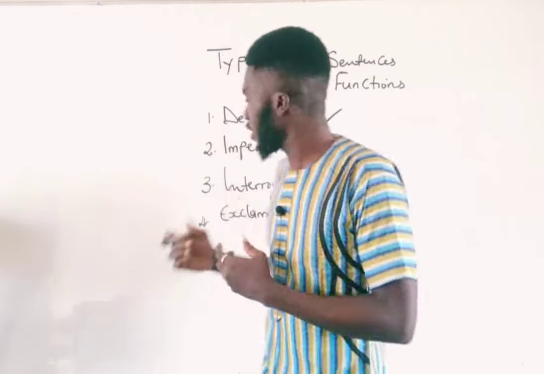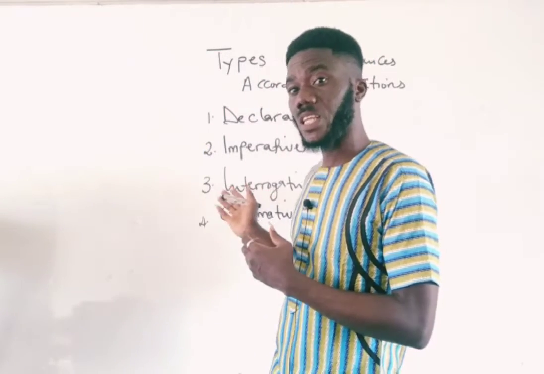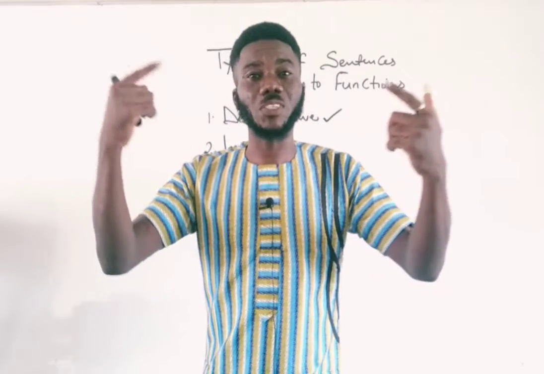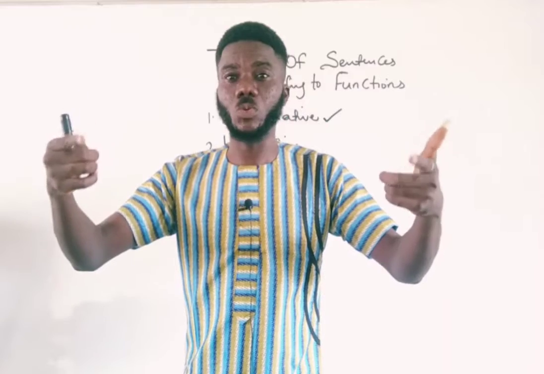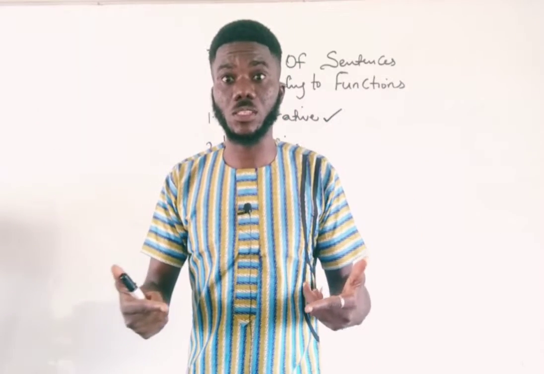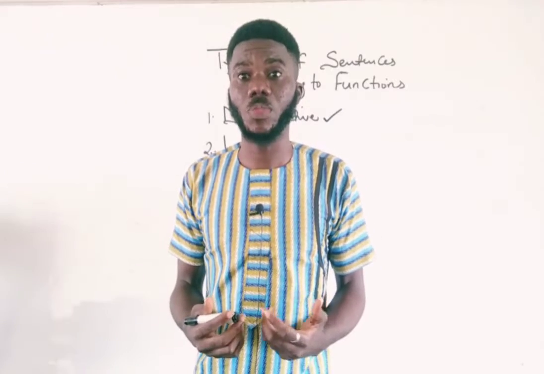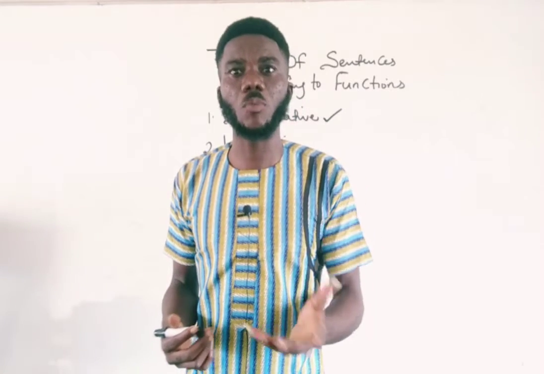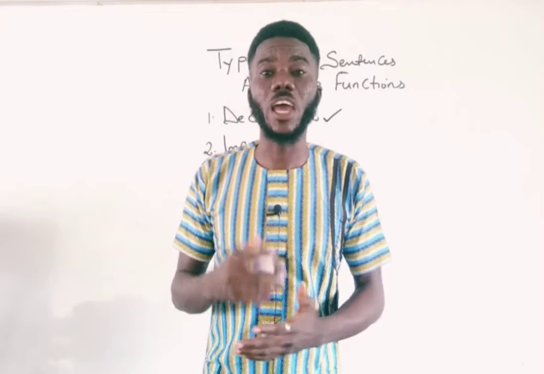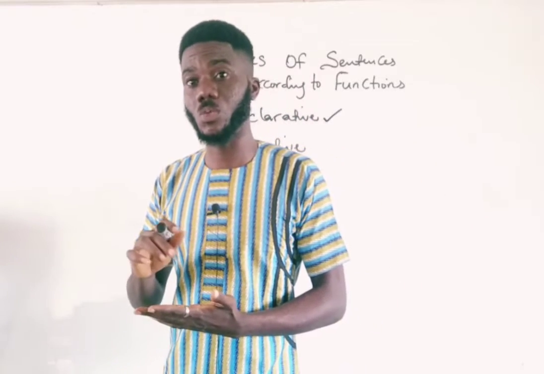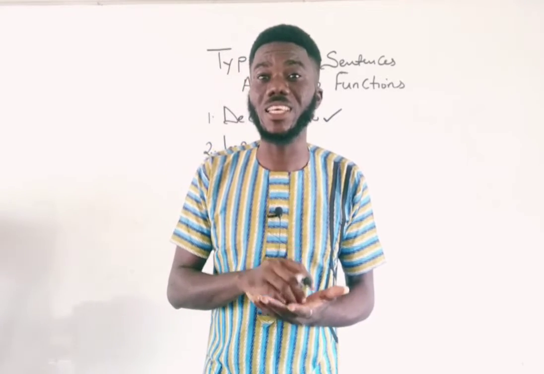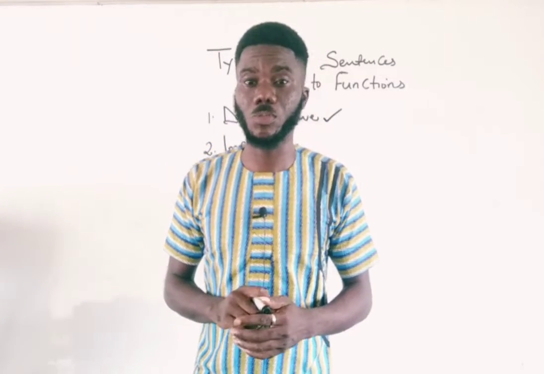For the sentence in the interrogative shape, it is expected that the person you are talking to will respond verbally. There ought to be an answer for that. This is a question. What do you have? How much can you pay? Where did you go? All these are questions. Any of these that you present must end with a question mark. These are sentences in the interrogative forms.